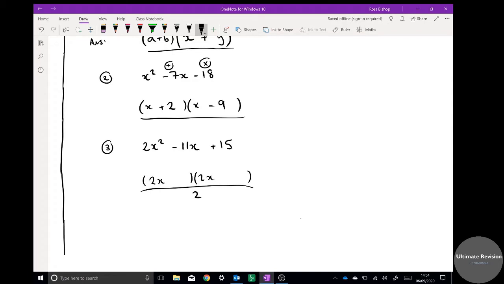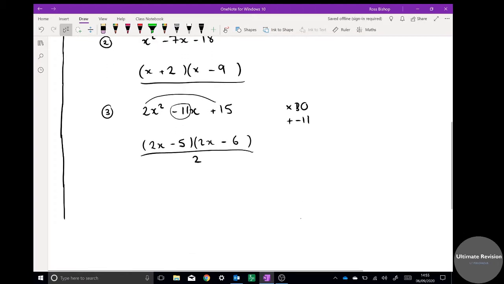That cancels out one of the 2x's, and this time the numbers need to multiply to 2 times 15, so they need to multiply to 30, and they need to add to the middle term there, which is minus 11. So 2 numbers that times to positive 30, add to minus 11. We've got 10 and 3, that's not going to work. 6 and 5 is going to work here. Minus 6, minus 5, it doesn't matter on the order.